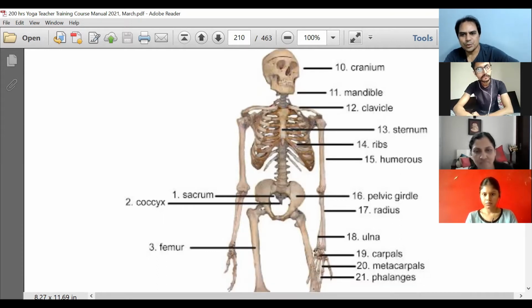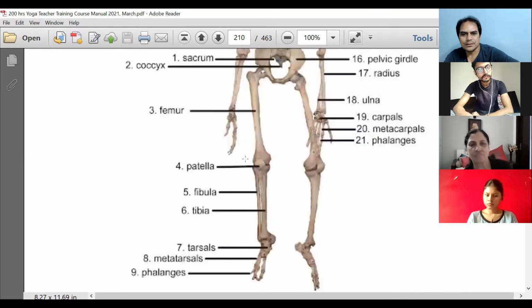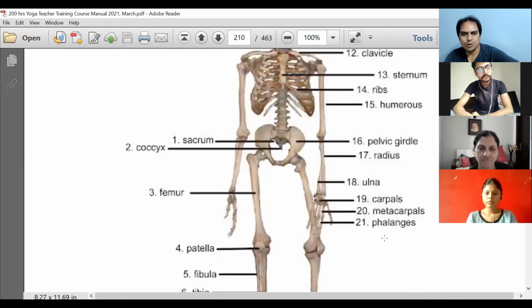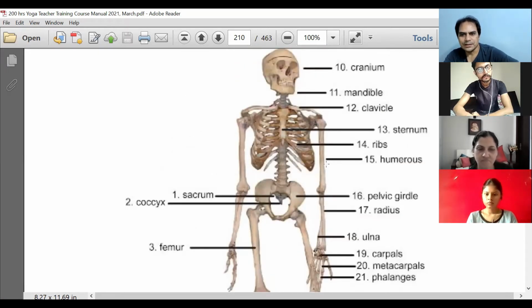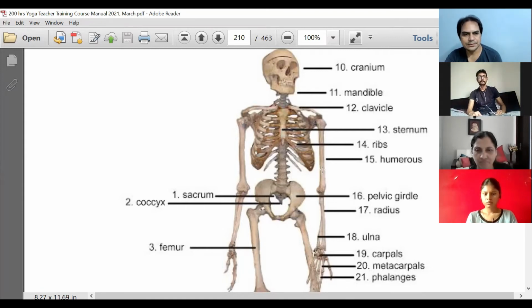Humerus. This is the humerus. The femur and humerus are similar in nature. The humerus is also a single bone, where the biceps and triceps muscles are located.